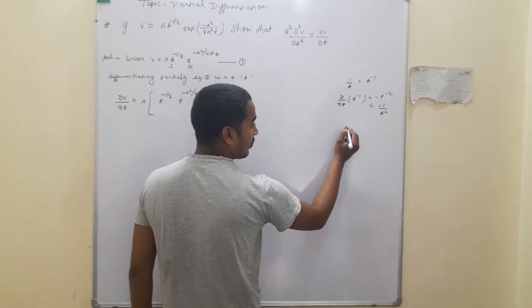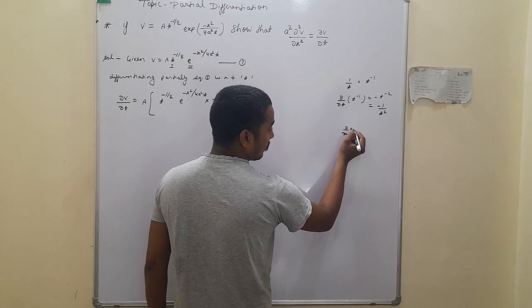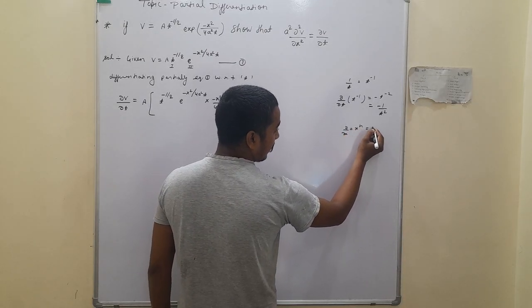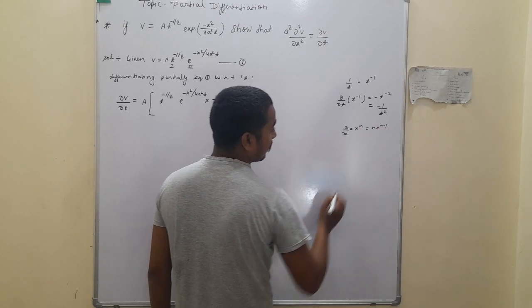Using the formula del upon del x of x to the power n is given by n x to the power n minus 1.